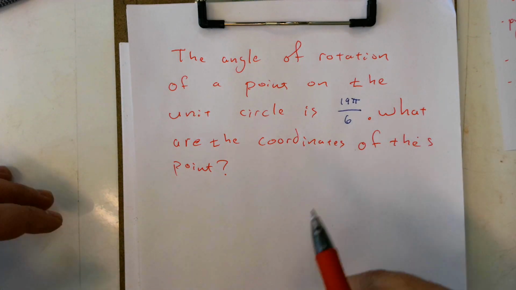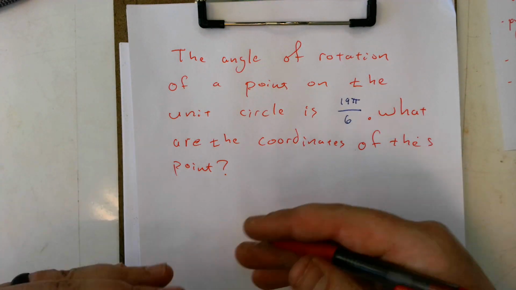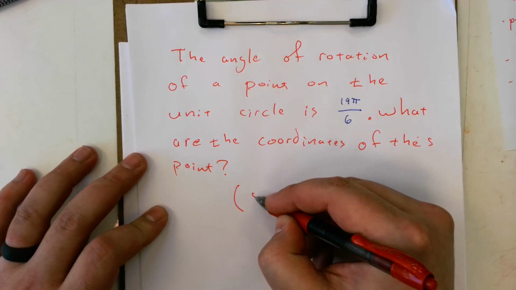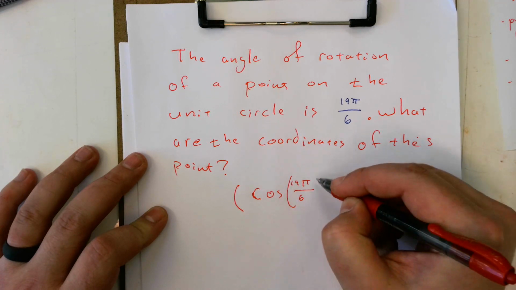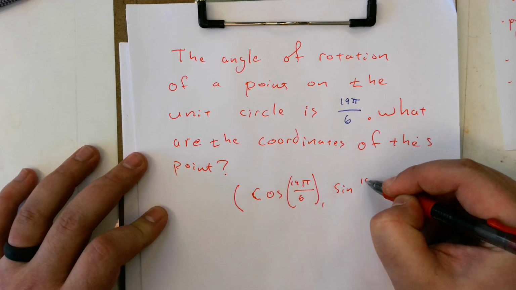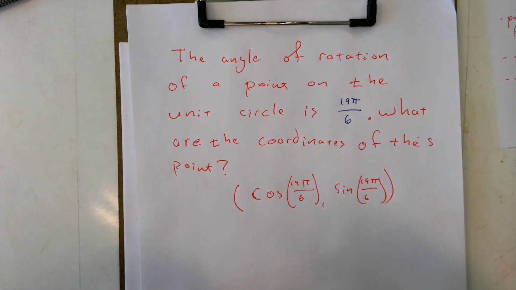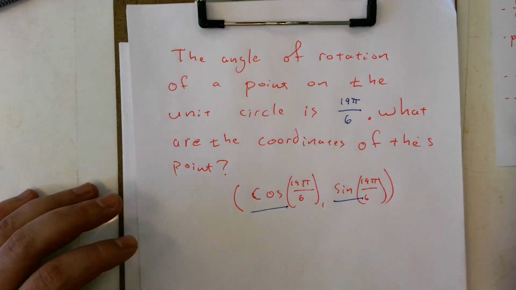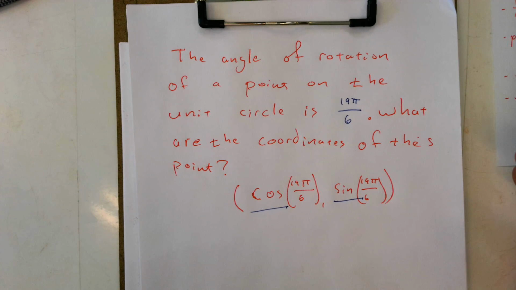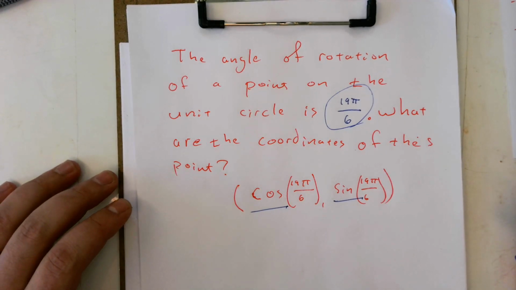Right away, I think you can just have 2 points if you write something like this: cosine of 19 pi over 6, comma, sine of 19 pi over 6. That tells me that you know what you should be doing. You know that you should be thinking about cosine and then sine. Keep in mind, this is a non-calculator test. It's also worth mentioning, I will give you an angle in radians on this honors test.